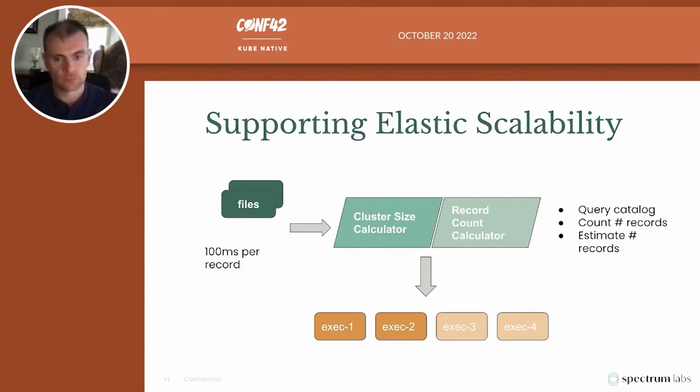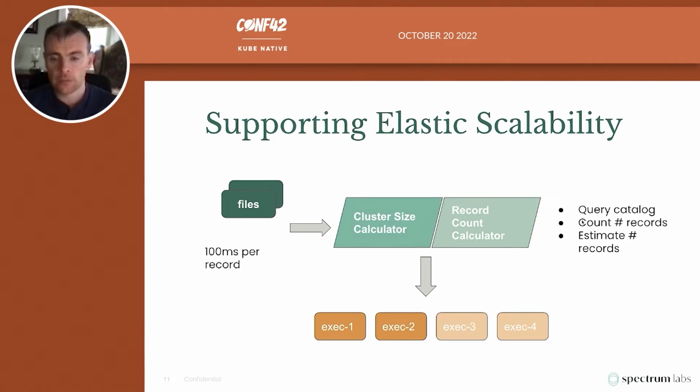Just to reiterate some of the items I covered in the workflow there. To support elastic scalability within our framework, you define how long it will take to process an individual record in milliseconds. You configure that in your values file. From there, our pre-processing steps, which run prior to the Spark job, will figure out how many records are in the file you're looking to process. It will first query our catalog to see if we've come across this file before.